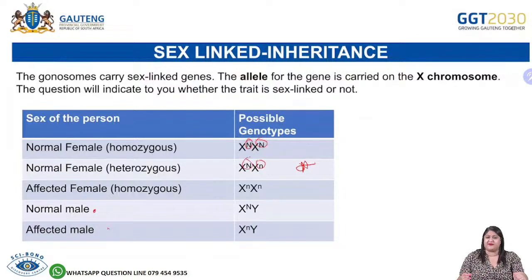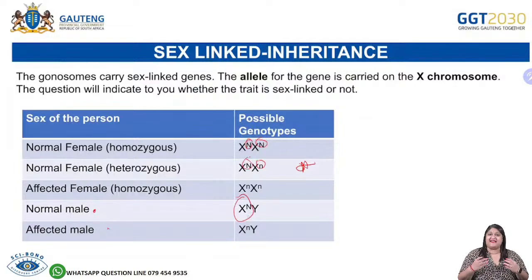Now we look at the males. The male is a little bit different, because the Y chromosome does not carry the sex-linked inheritance, it's only the X chromosome. Males only have one X chromosome. So in order for the male to have that phenotype, he only needs one of the alleles on the X chromosome. In this instance, he only has one X with a capital N, so this individual is going to be normal.